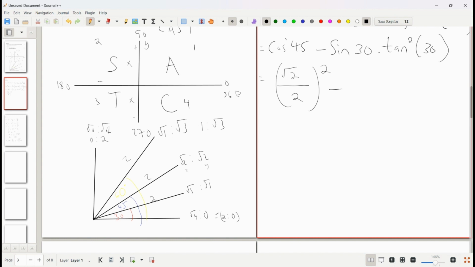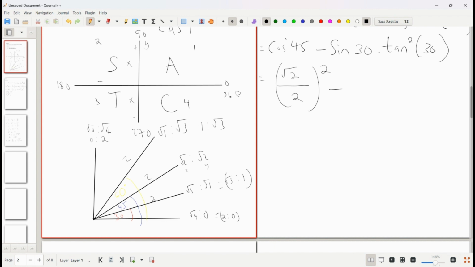And then sine 30, sine 30 is the red one here. So we check the coordinates. We have square root of 3 and square root of 1. Square root of 1 is the same as 1, right? I could have rewritten this as square root of 3 is to 1, right?